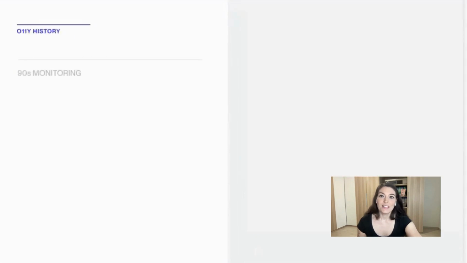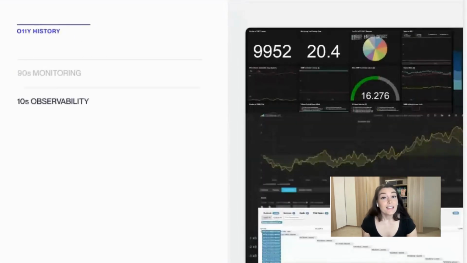As we entered the 2010s, architecture shifted dramatically with the rise of cloud-native systems. Think of microservices, containers, ephemeral infrastructure. These systems brought scale, speed, and a lot more complexity. At the same time, we saw an explosion in the telemetry ecosystem with tools like Prometheus, Grafana, Elasticsearch, OpenTracing, and OpenCensus, which then became OpenTelemetry.